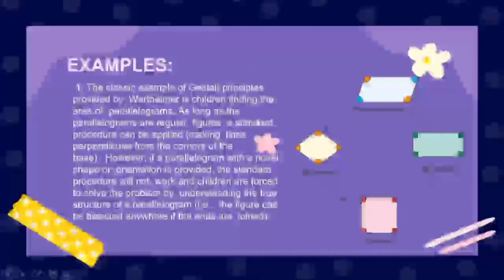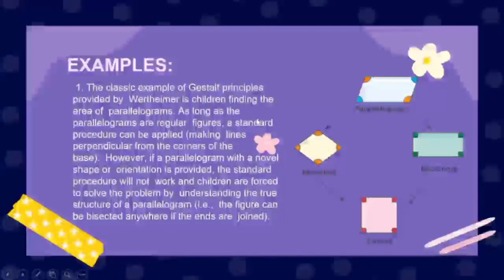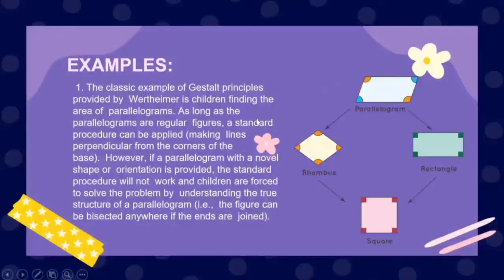Number 1, the classic example of Gestalt principles provided by Whitmer is children finding the area of parallelograms. As long as the parallelograms are regular figures, a standard procedure can be applied, making lines perpendicular from the corners of the base.